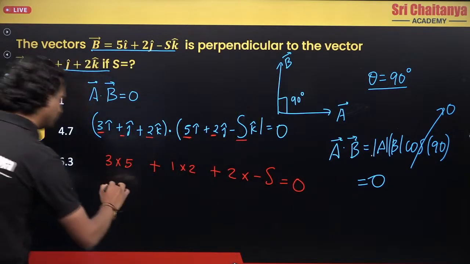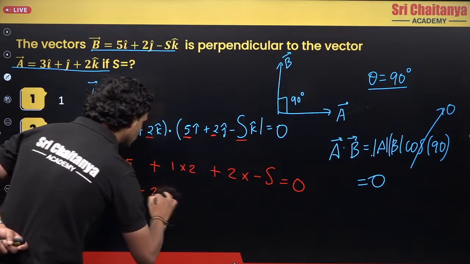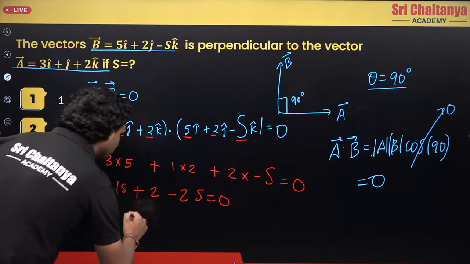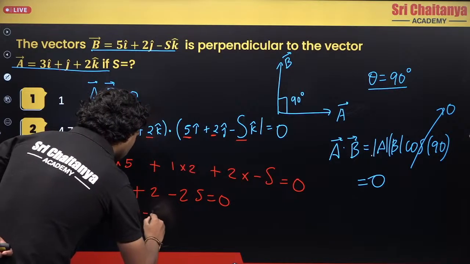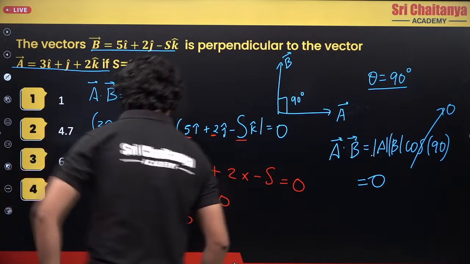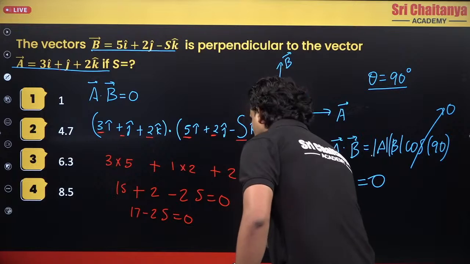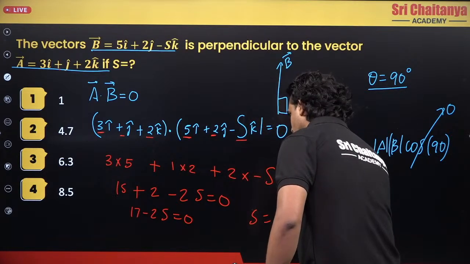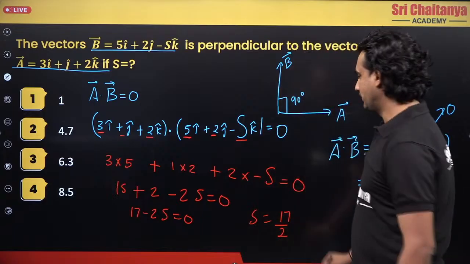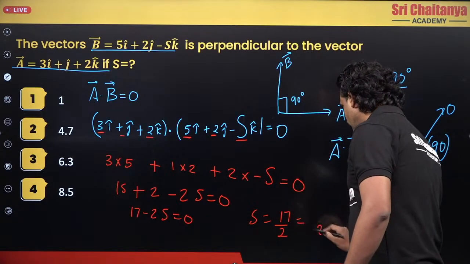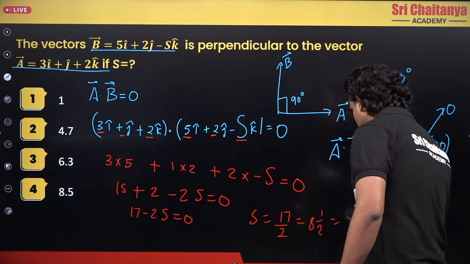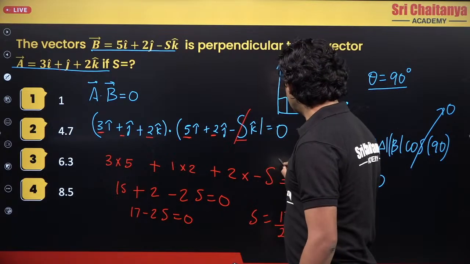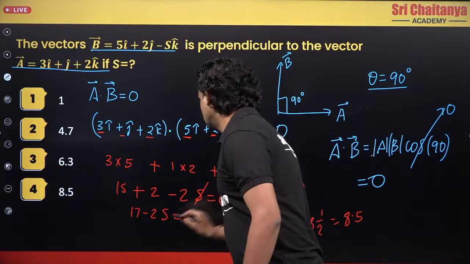So 3 fives are 15, plus 2, minus 2s is equal to 0. This will give me 17 minus 2s is equal to 0, and this will give me s is equal to 17 by 2. So 2 eights are 16 and 1, so 8.5. 8.5 is my final answer. This is the S we are talking about.